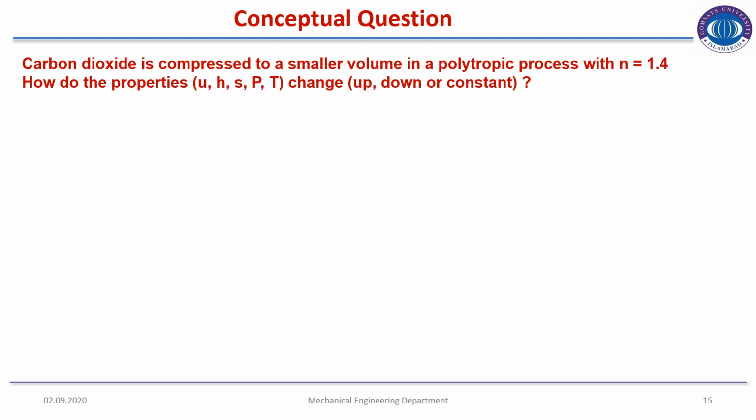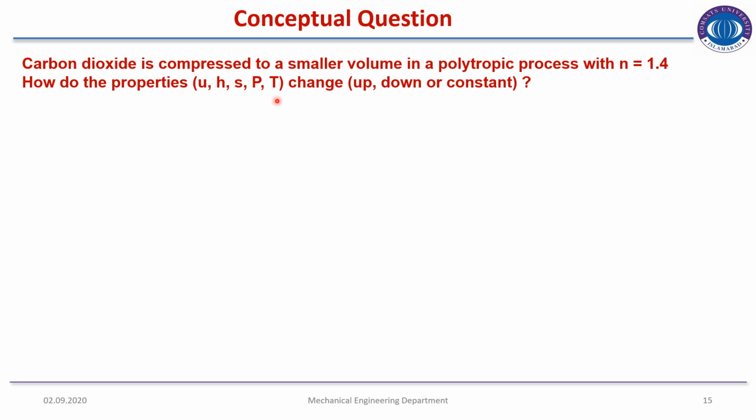So the second conceptual question is: carbon dioxide is compressed to a smaller volume in a polytropic process with n equal to 1.4. How do the properties internal energy, specific enthalpy, specific entropy, pressure and temperature change? So these are 5 properties.